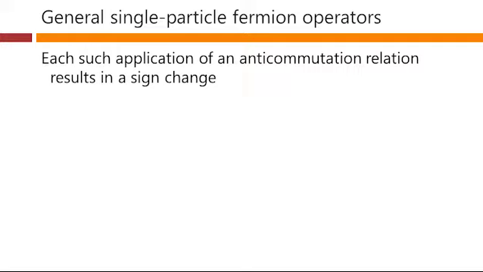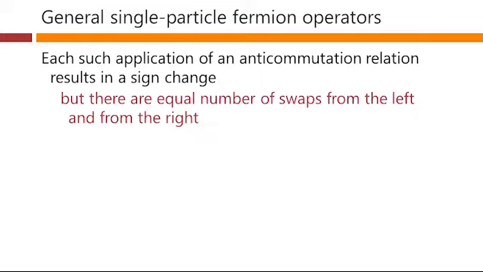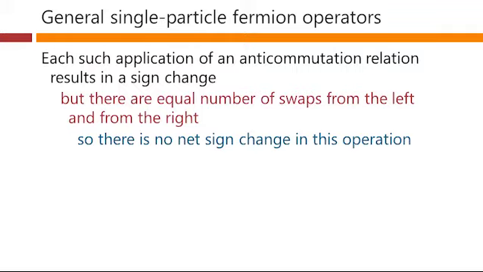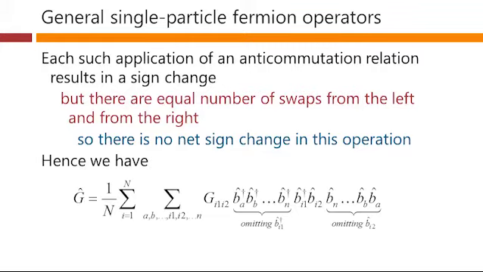Each such application of an anti-commutation relation results in a sign change, of course, but there are equal numbers of swaps from the left and from the right, so there is no net sign change in this operation. Hence we have that this operator G has this form, where we have now managed to move these operators into the center, and this list now omits specifically the operator b dagger I1, and this list omits the operator b I2.